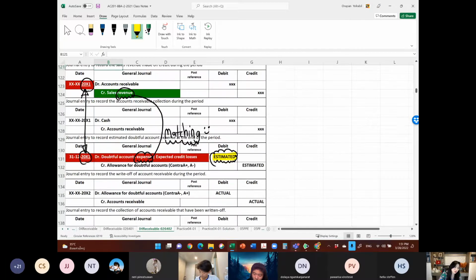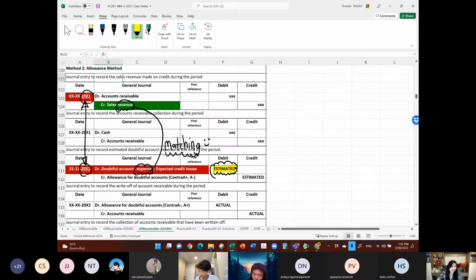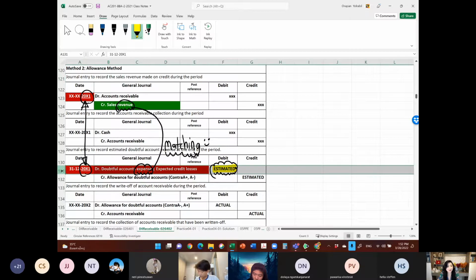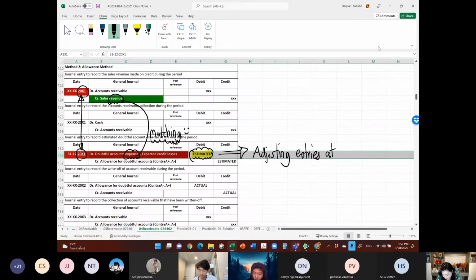So over here, you would need to record the estimated expense at the end of every year. And this is actually part of the adjusting entries, at period end, all right?